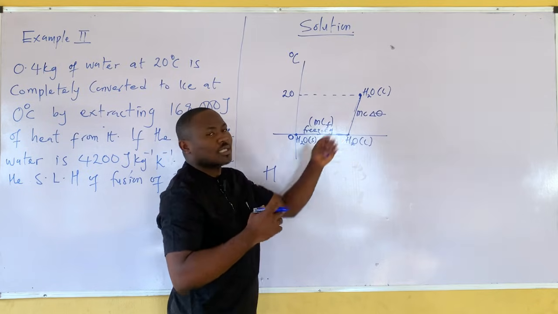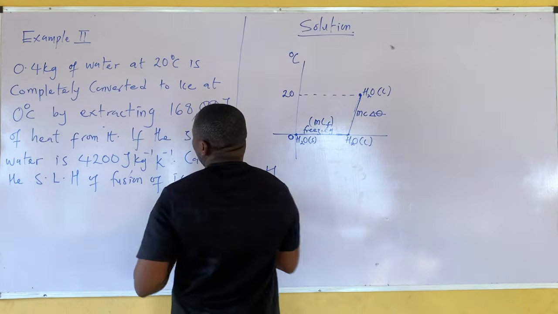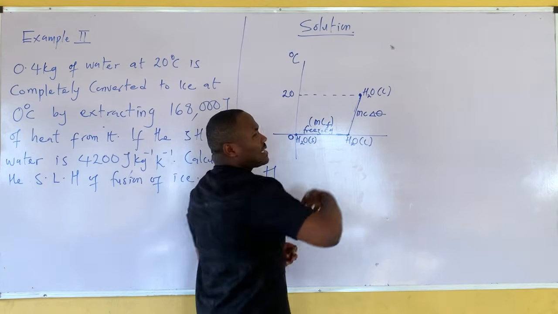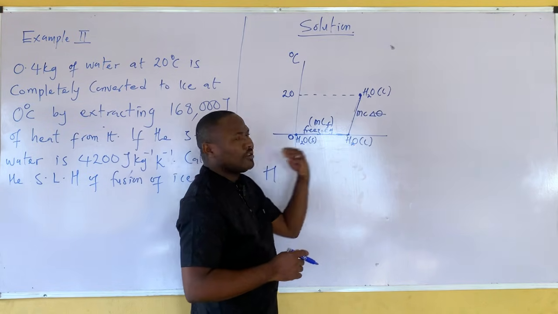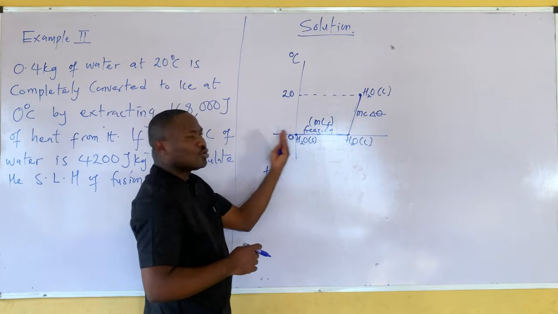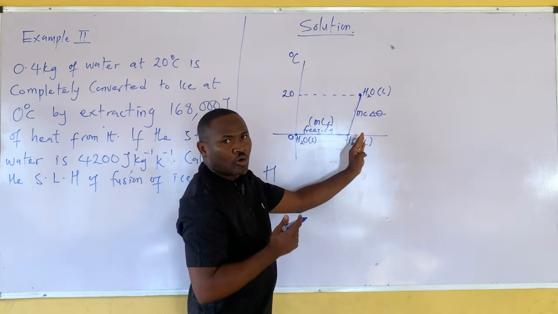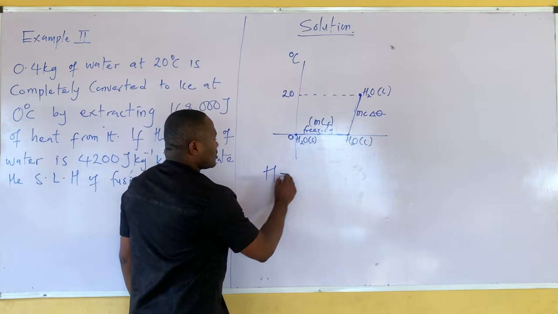Sorry, this process is giving out heat. That's what the question says by extracting. So it's giving out heat for the temperature to fall. You give out heat for freezing to occur, but you absorb heat for melting to occur and for boiling to occur. So now, what is our total heat?